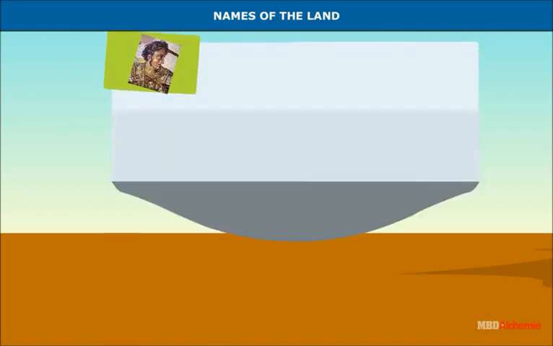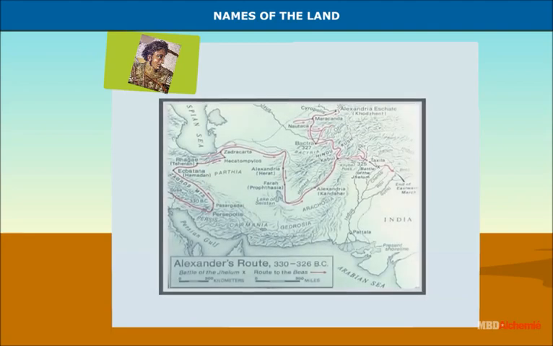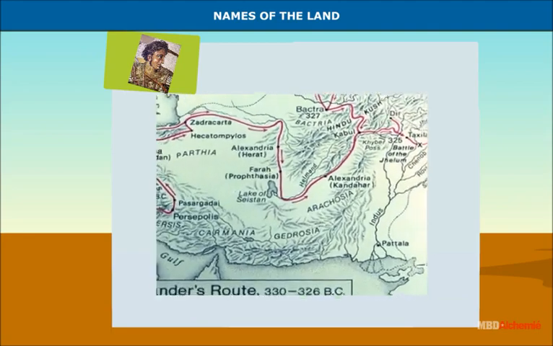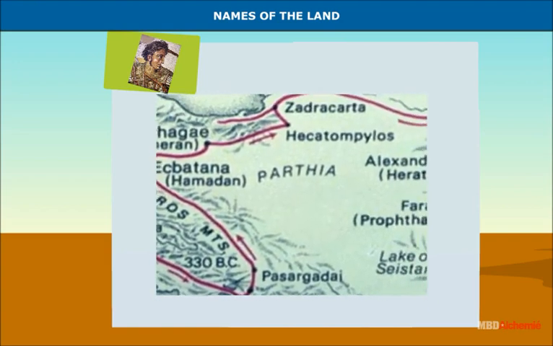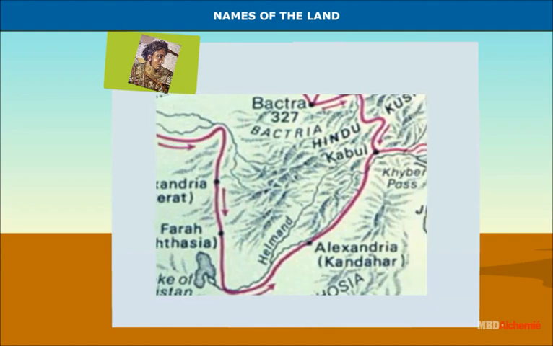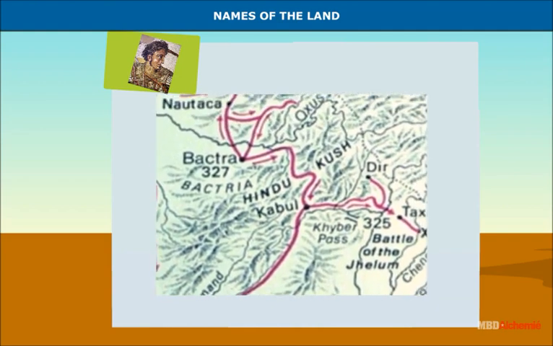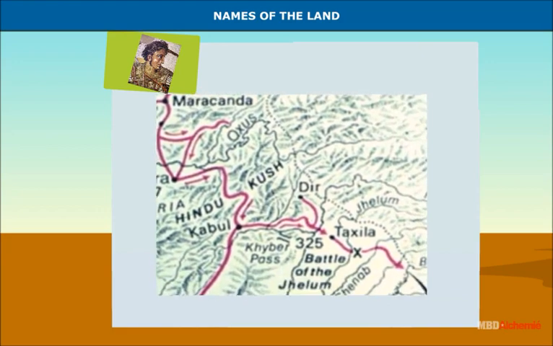Names of the land. Our country has different names like India, Bharat, and Hindustan. The word India came from the word Indus. The word Indus came from the original Sanskrit name of the river, which is Sindhu. The Iranians and the Greeks, who came from the northwest, called it the Hindos or the Indos, and the land to the east of the river was called India.